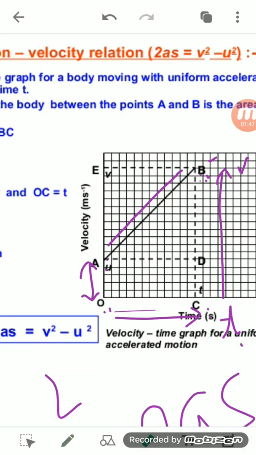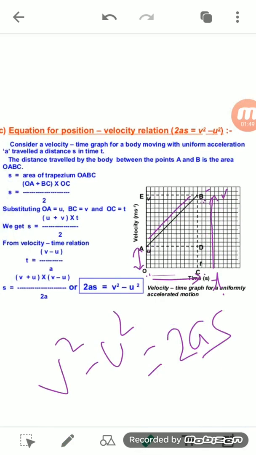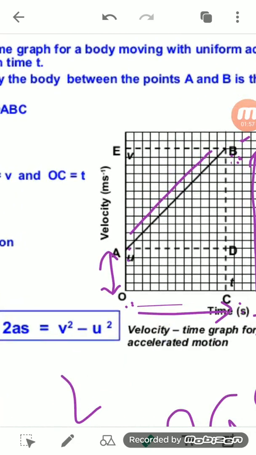Now we'll see how, with the help of this graph, we are able to derive this equation. One more thing: this AB represents the slope of the graph, and the slope of the graph is equal to the acceleration. Why is it so?